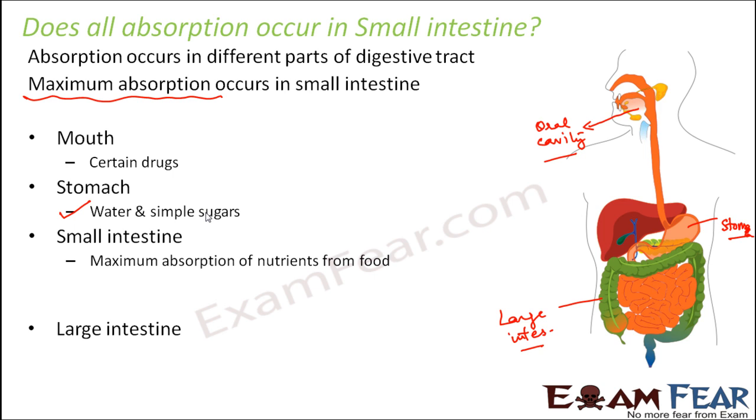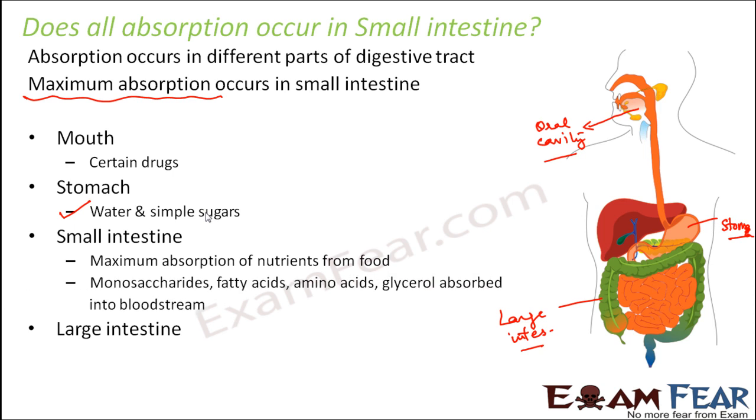Small intestine, maximum absorption of nutrients. Whether you talk about simple sugars or fatty acids or amino acids or glycerol, everything gets absorbed into the bloodstream in small intestine. So all the nutrients get absorbed here. Large intestine, water and some minerals. As I said, water can be absorbed by means of osmosis in other regions as well.